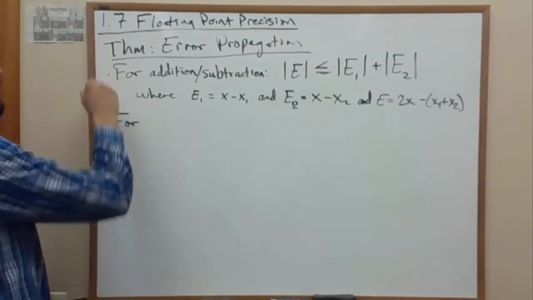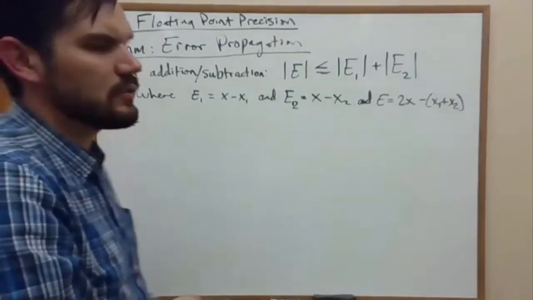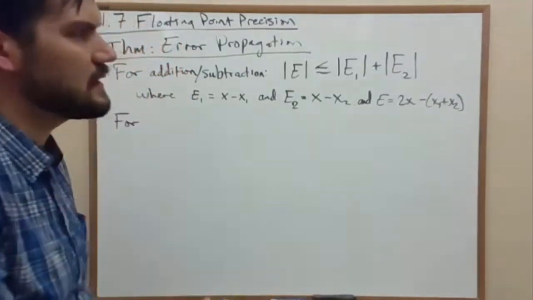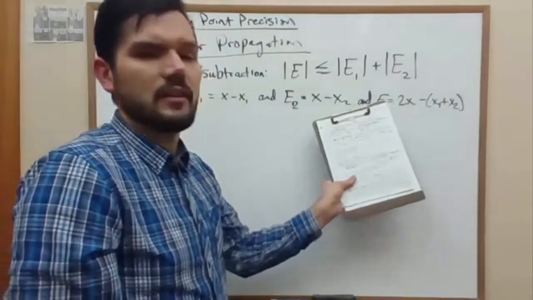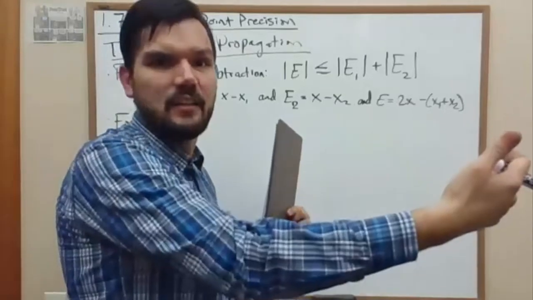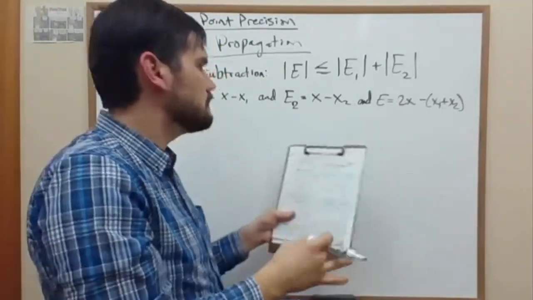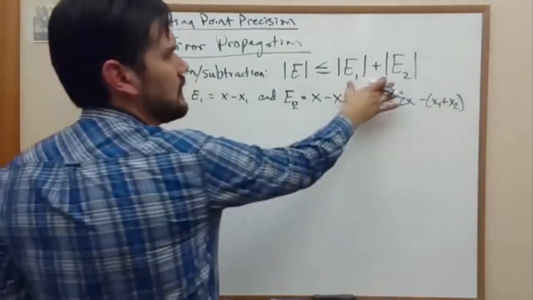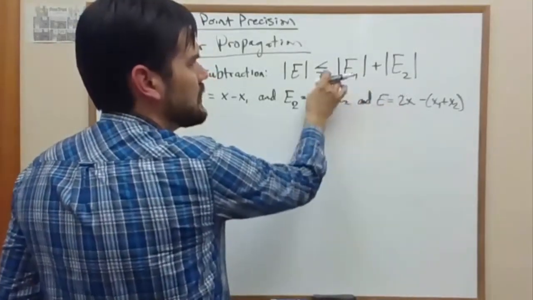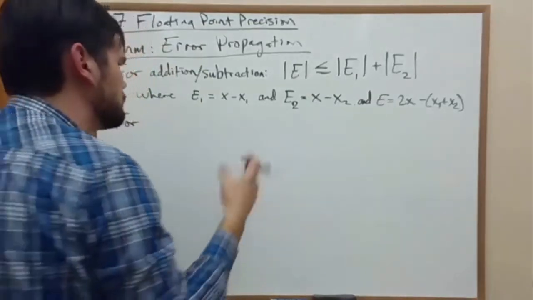Now that one's pretty straightforward. We can prove it using a nice triangle inequality, because either the errors are both on the same side and they just add, or one's on the left and one's on the right and they cancel a little bit. If they add, we just get the straight sum. If they cancel a little bit, it's a little bit less than that sum.